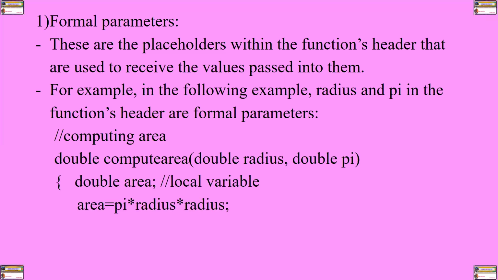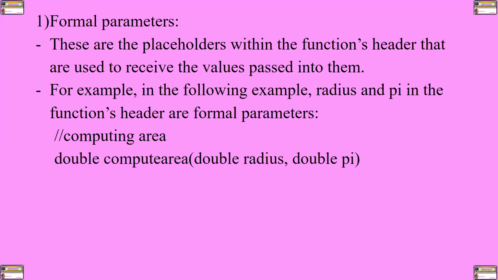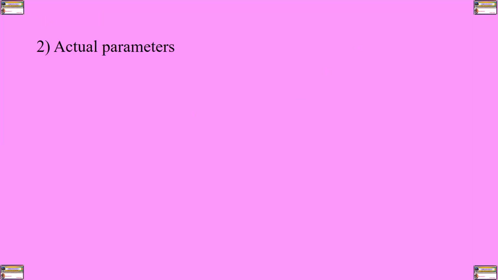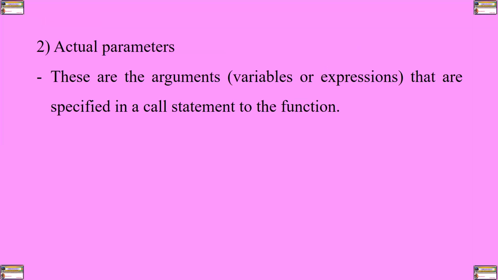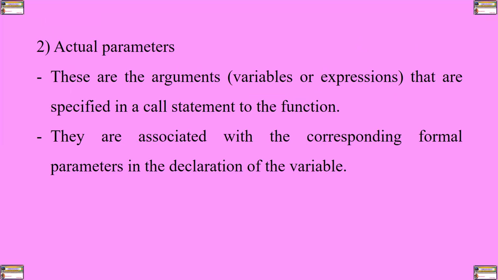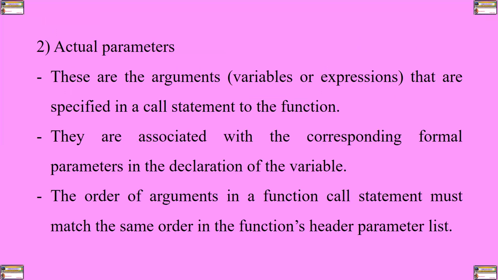Now, this program, which is making use of this function that contains the two parameters radius and pi, must also have what we call the actual parameters in the call statement. So the actual parameters are simply the values or variables that are sent to the function which contains the formal parameters through a call statement.